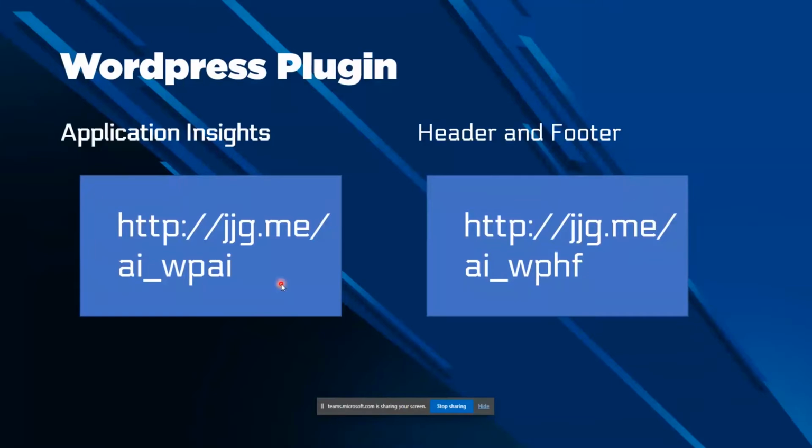All you have to do is give it the configuration or the instrumentation key, which we'll show you in a little bit, and it will add in all the scripts that are required. If you don't want to add that plugin, but you have the very common header and footer plugin, which is listed here below, you can copy and paste the JavaScript file that's available on the Azure website, more so the Azure documentation site.